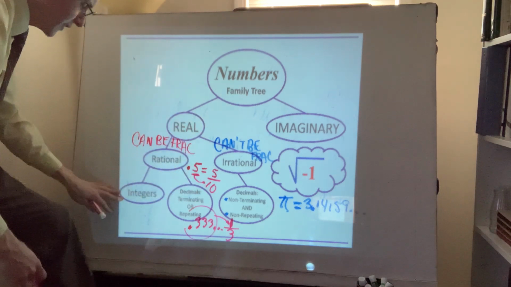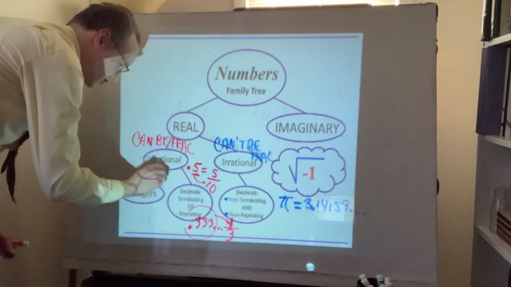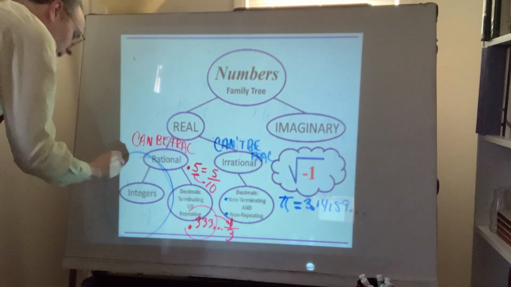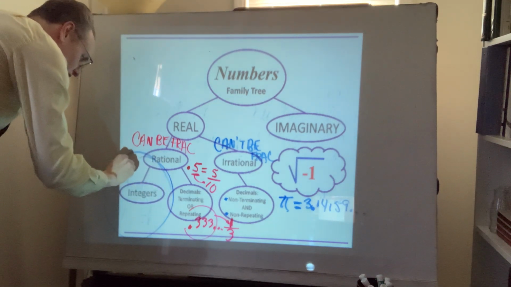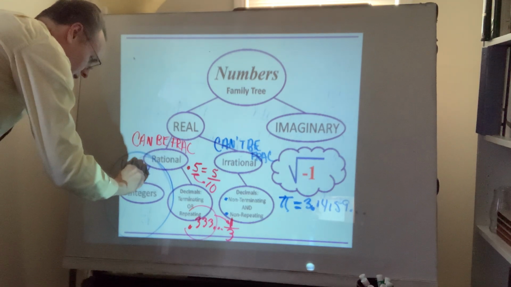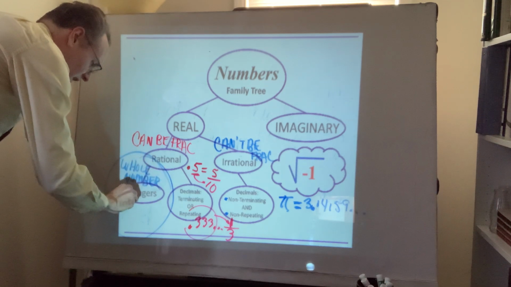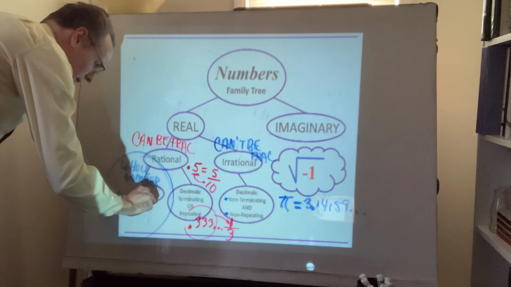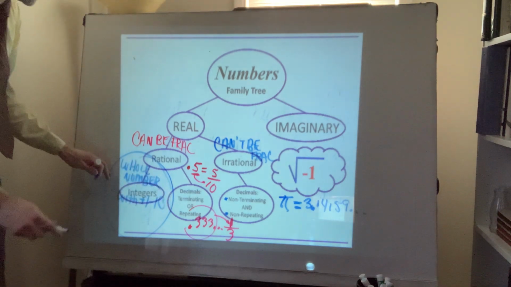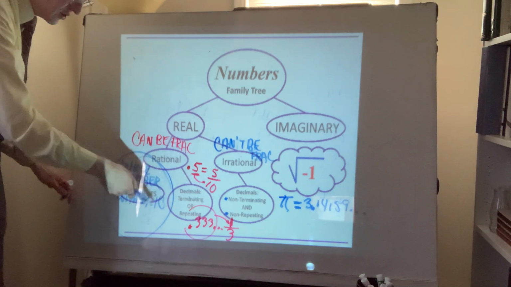Then there's this other category, right? And again, as I mentioned, this is really the emphasis for today, the integers, all right? Integers are whole numbers, essentially with signs, with a plus, a minus, or just being zero. The whole numbers, by definition, are the positives and zero.